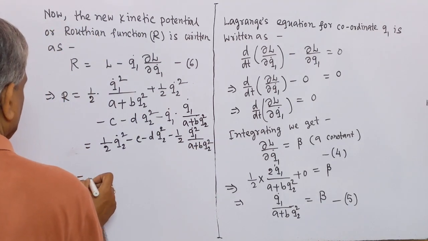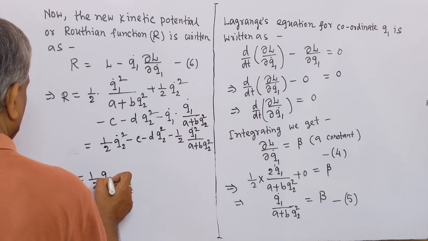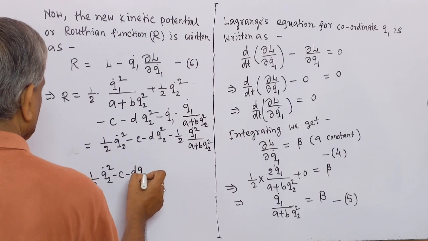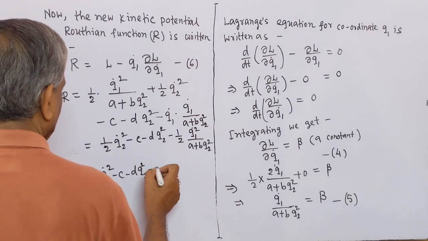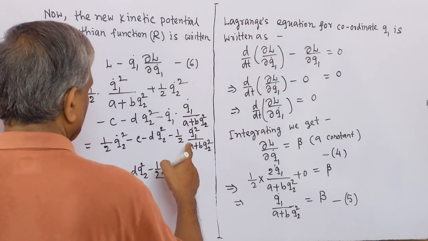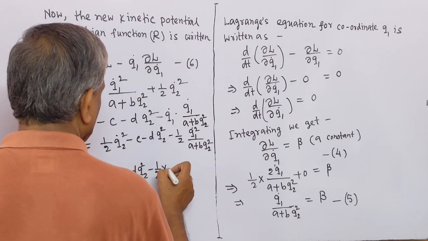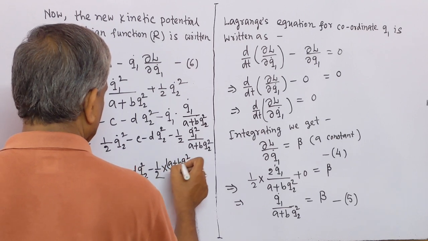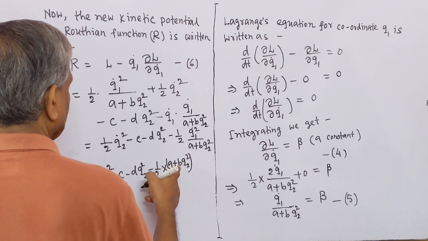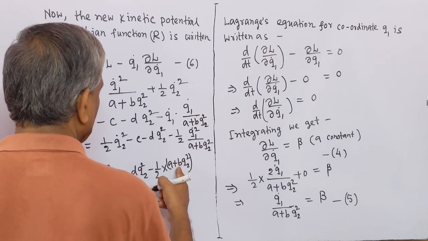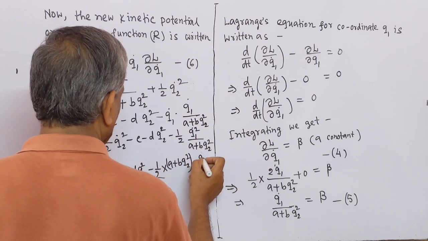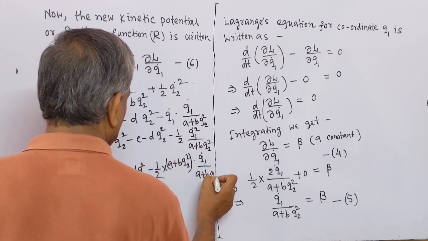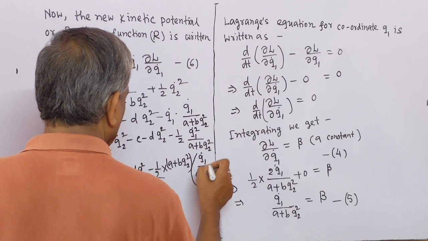Multiplying numerator and denominator by (A plus B Q2 square), we get Q1 dot by (A plus B Q2 square) whole square.